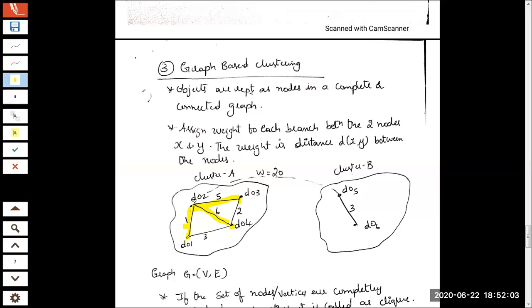They are represented as vertices or nodes. Okay, we have connected one data object to another data object in the form of a graph. The distance between object 1 and object 2 has been connected in the form of a graph, and weights have been assigned.